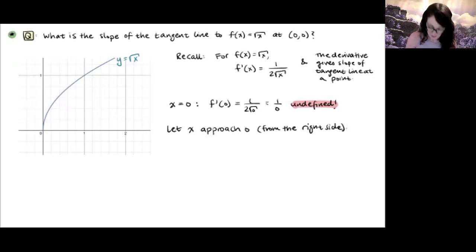So in other words, let's find f prime. We're not going to do a limit or anything formal here. Let's just find f prime of 0.1. We'll do 1 over 2 square root of 0.1, so that comes out to be 1.58.